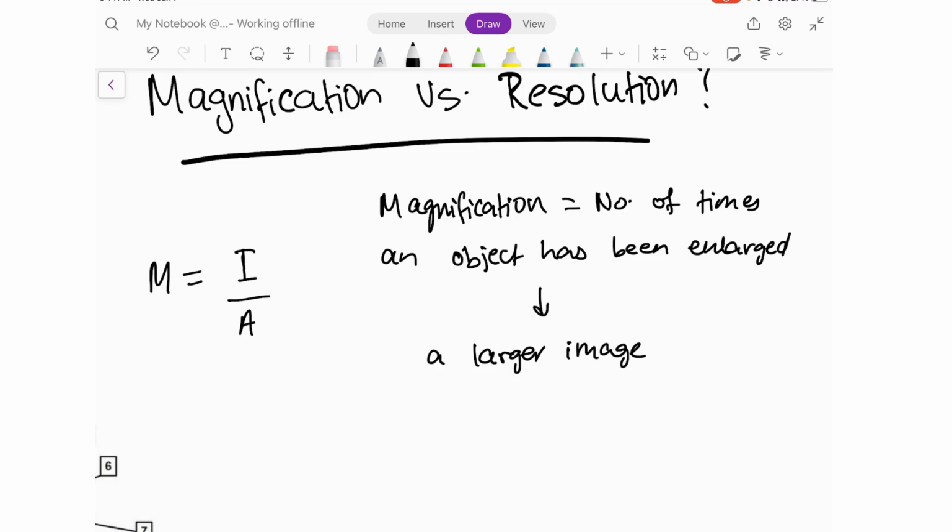So magnification is the number of times in which an object has been enlarged to create or to obtain a larger image. So we have magnification on this side of our formula, and what the I stands for is the image size, whereas the A stands for the actual size of the object.